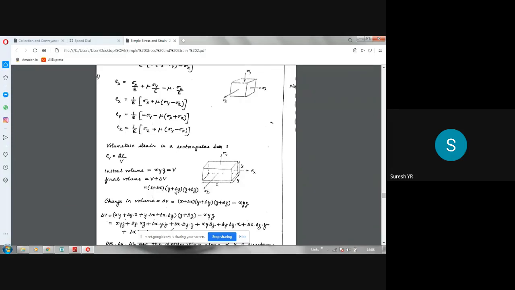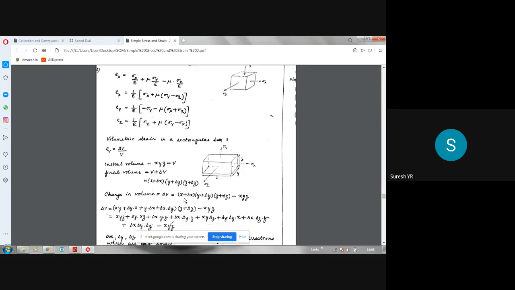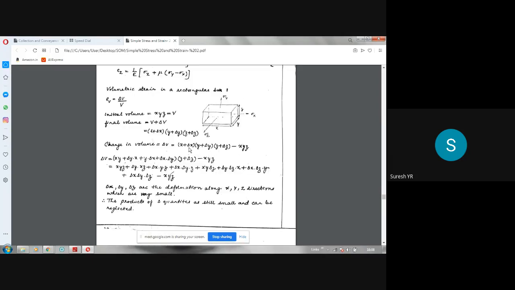So now if you simplify this, change in volume is delta V. Delta V means this minus this. So the product of these three minus xyz gives the change in volume. If you multiply each and every term here and subtract this, neglecting the smaller quantities. For example, here delta x, delta y, delta z are the deformations along xyz directions which are very small.